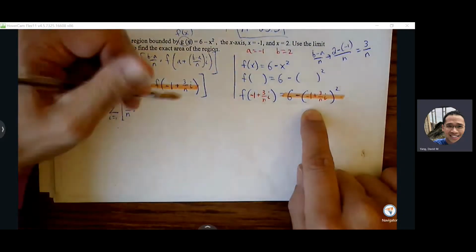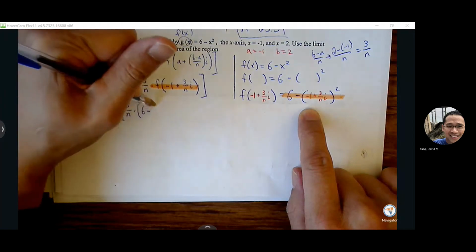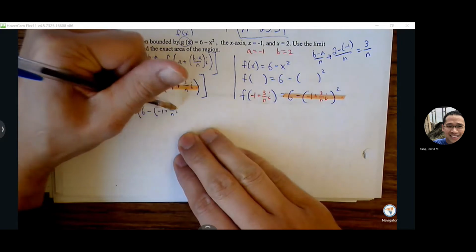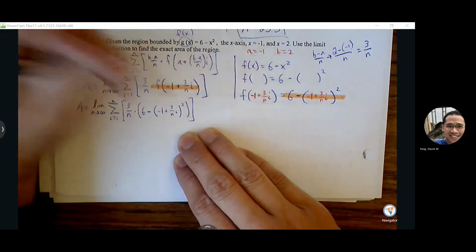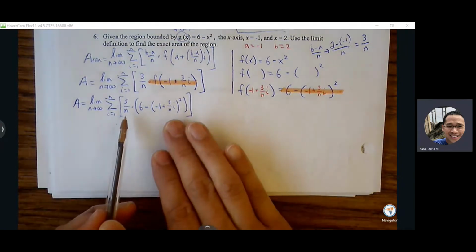There's my height component. So now everything is apples to apples, right?